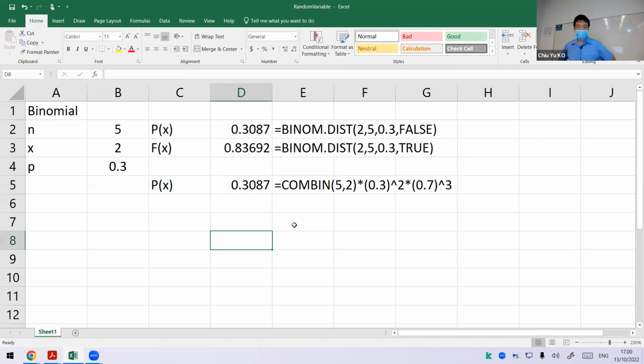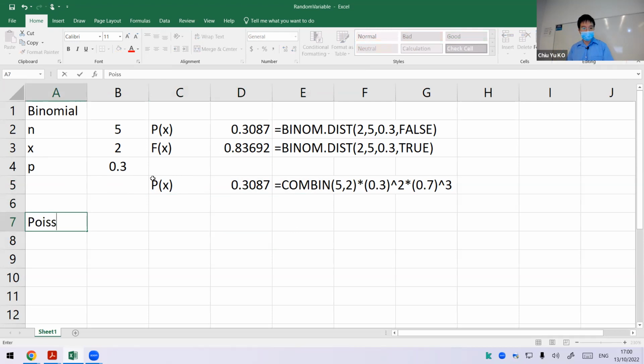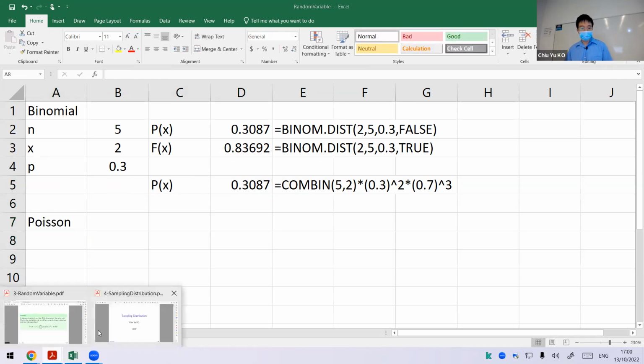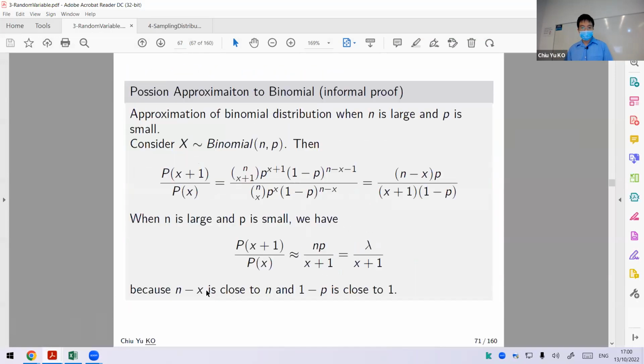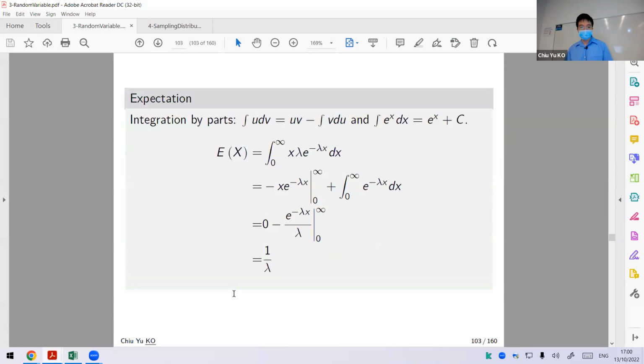So that means when you do the assignment or take the exam, everything can be done rather quickly. So this is binomial, and let us talk about Poisson. If there's no problem for binomial, let's do Excel for the Poisson.